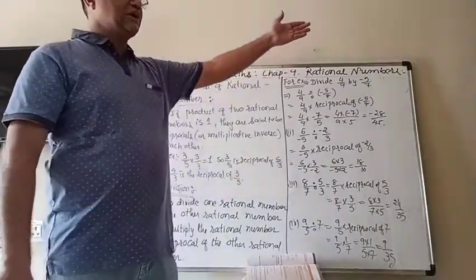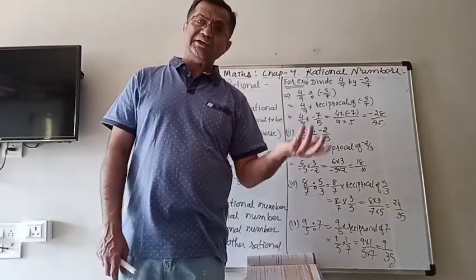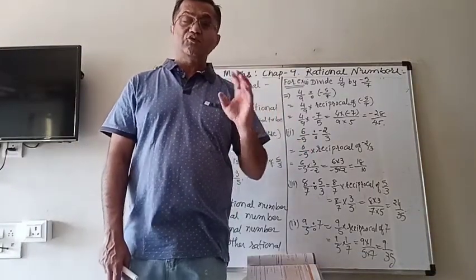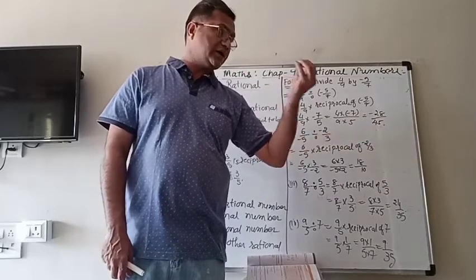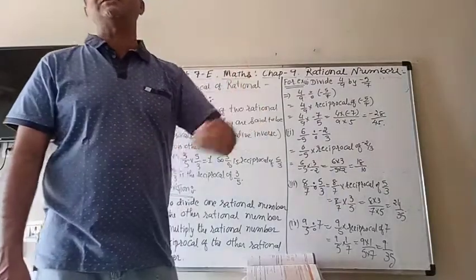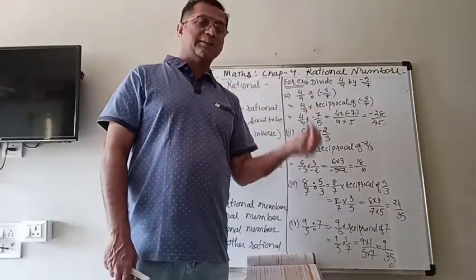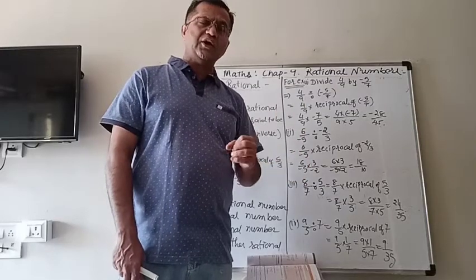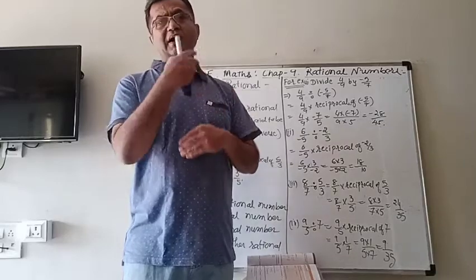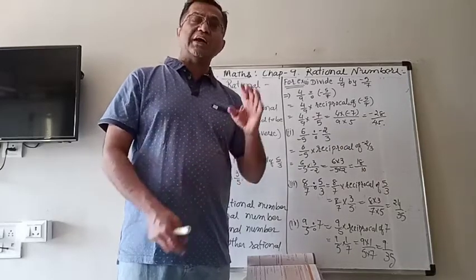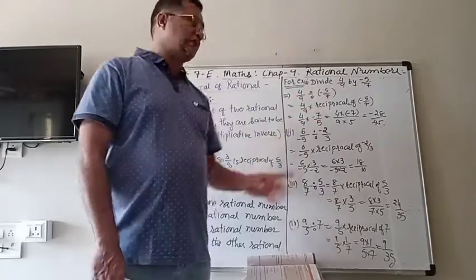As we saw in the addition and subtraction, when we subtract a rational number, it means that we add the additive inverse. We are actually adding the inverse of that number. Similarly, here also, when we divide any rational number by another rational number, actually we are multiplying it with the reciprocal of the other number.